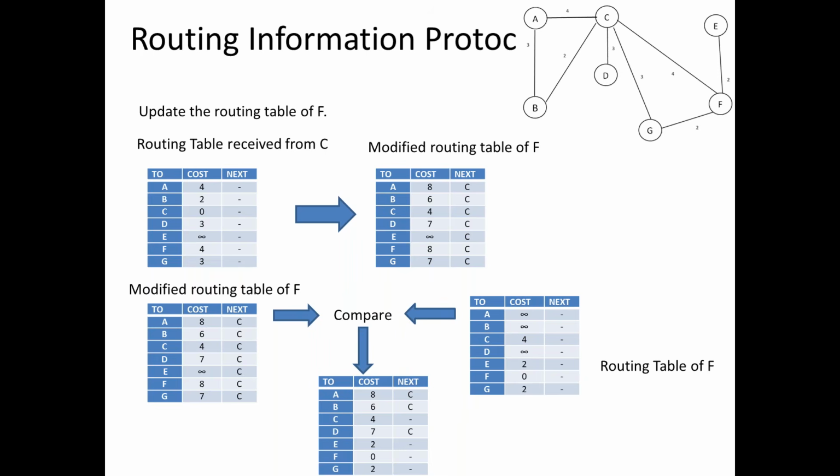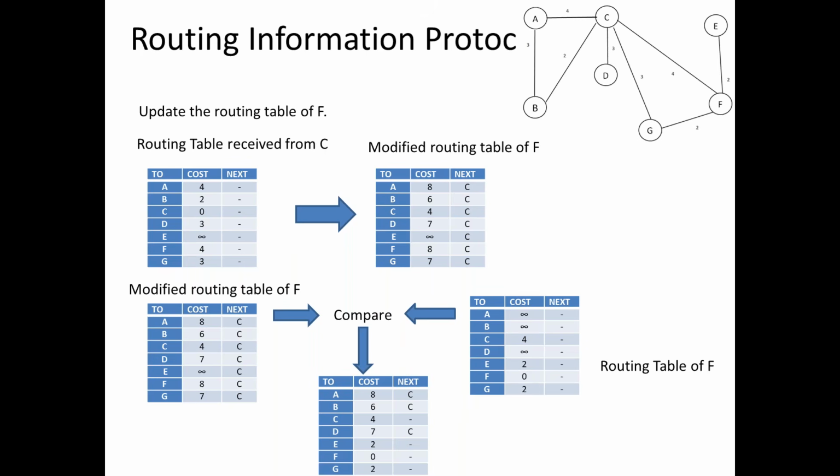For example, F is connected to three nodes, that is E, G, and C, but it doesn't have any information about A, B, and D. So now I have to take the routing table of C so that I can get the values of A, B, and D, because C is directly connected with A, B, and D.